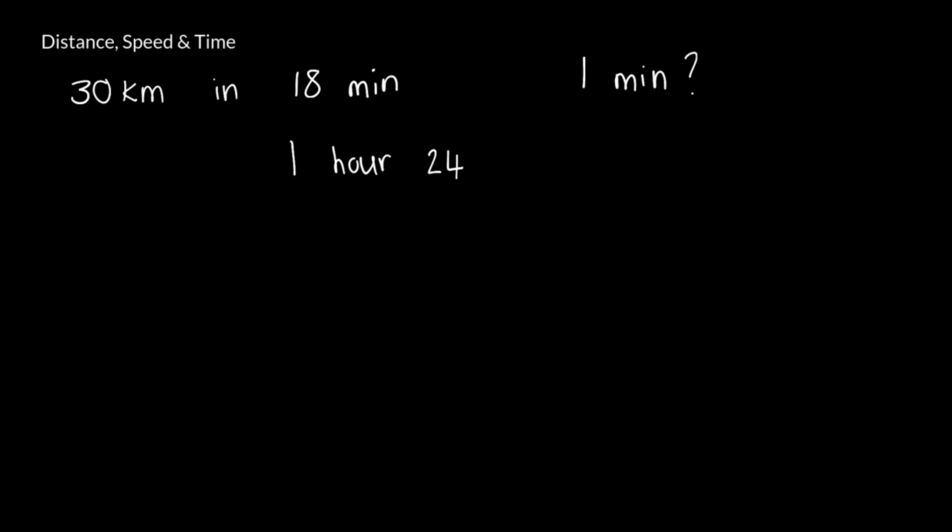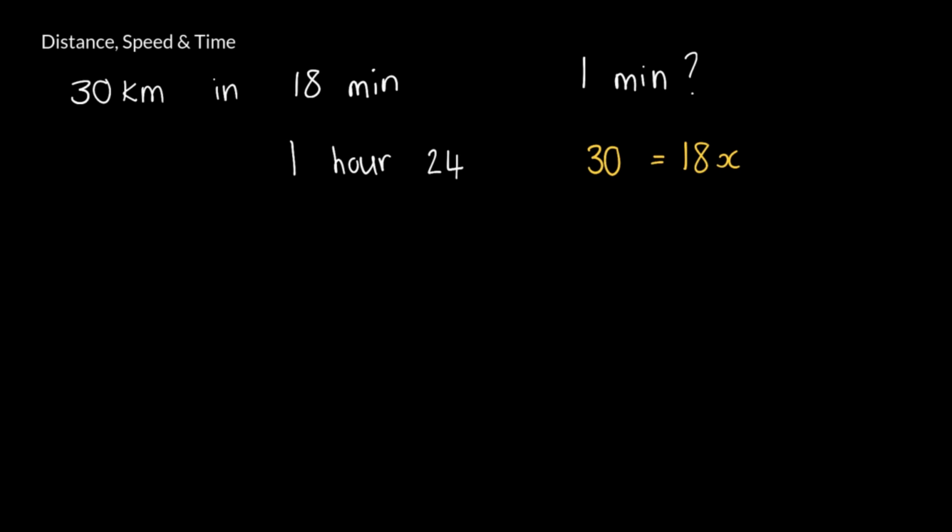So in order for us to do that, we know that they've traveled 30 kilometers in 18 minutes, right? So if we want to take 30 kilometers, I'm going to write this out. 30 kilometers, that will then be equal to 18, we can call it x, okay, in this case.